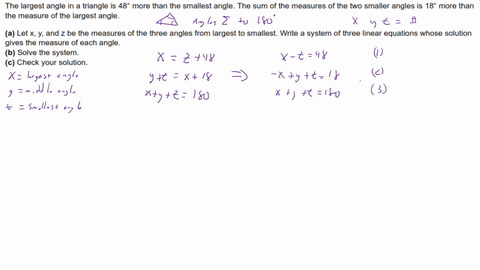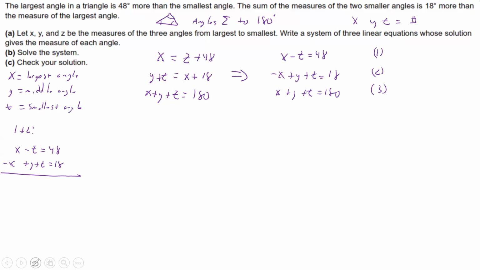Now, what do we want to do? I think let's get rid of X's. So if I take 1 and 2 together and then 2 and 3 together, that gets rid of my X's. So first off, I'm going to take 1 plus 2. So X minus Z equals 48, and a minus X plus Y plus Z equals 18.